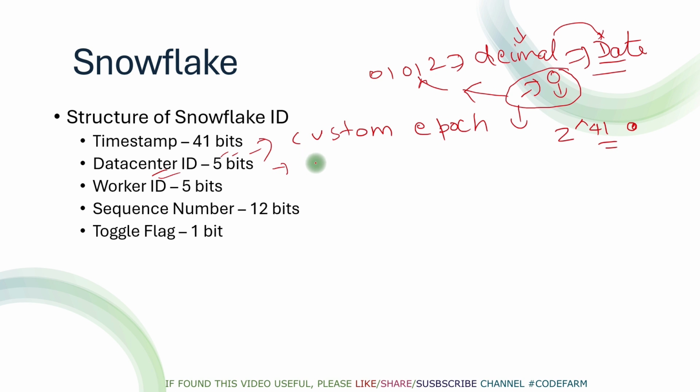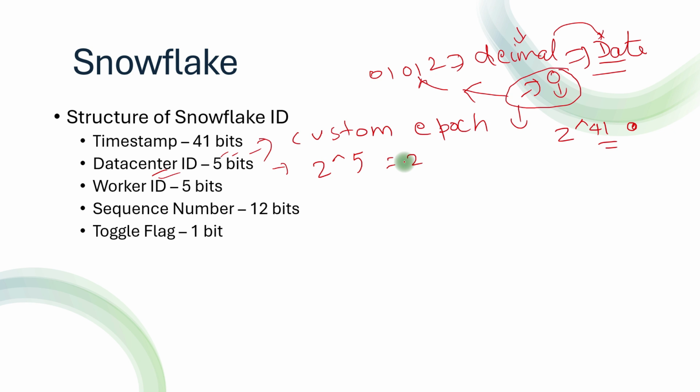So 2 to the power of 5 means we can have 32 data centers. Worker ID is again 5 bits. The worker ID is the machine ID, and we can also have 32 of those. The sequence number is 12 bits. It is an auto-incremented ID: 0, 1, 2, 3, 4, and it can be incremented up to 2 to the power of 12.